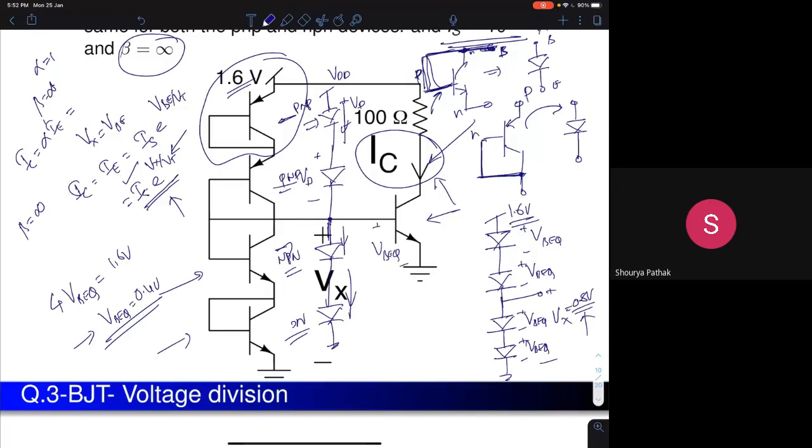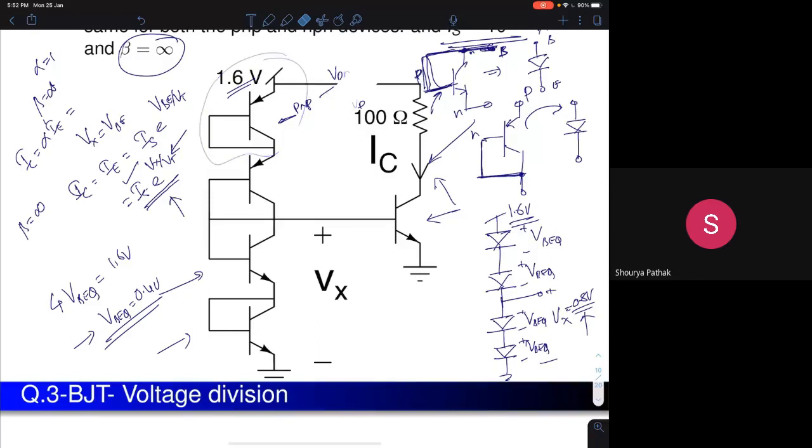Is IC equal to IE equal to gm into 0.4? No, no. That is for small signal analysis. This is DC analysis, so we cannot say that. IC will be equal to Is e power Vx by Vt. You have to use the large signal model.